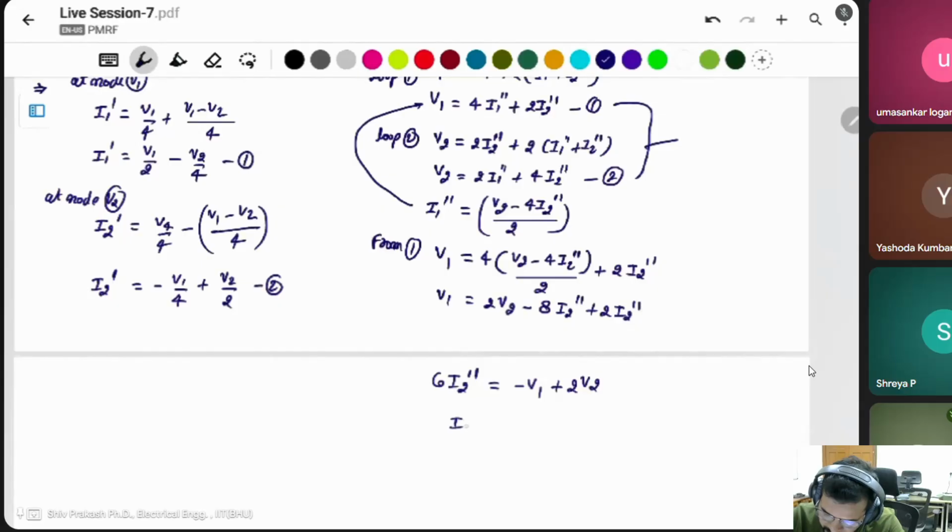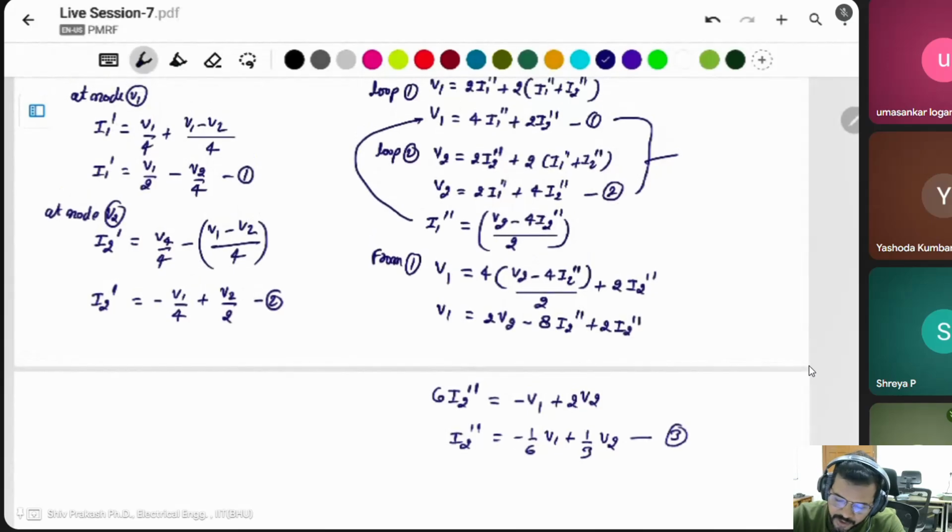Then I2 double dash is equal to minus 1 by 6 V1 plus 1 by 3 V2. Equation number 3. If we get I2, then simply put I2 in equation number 2.